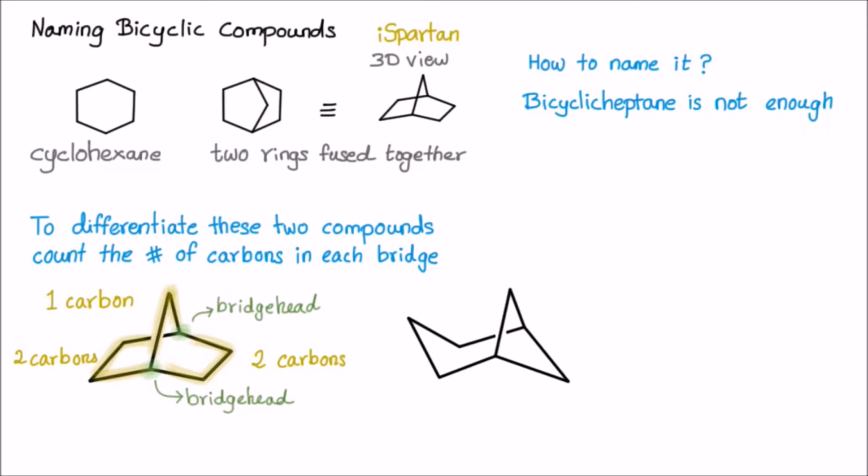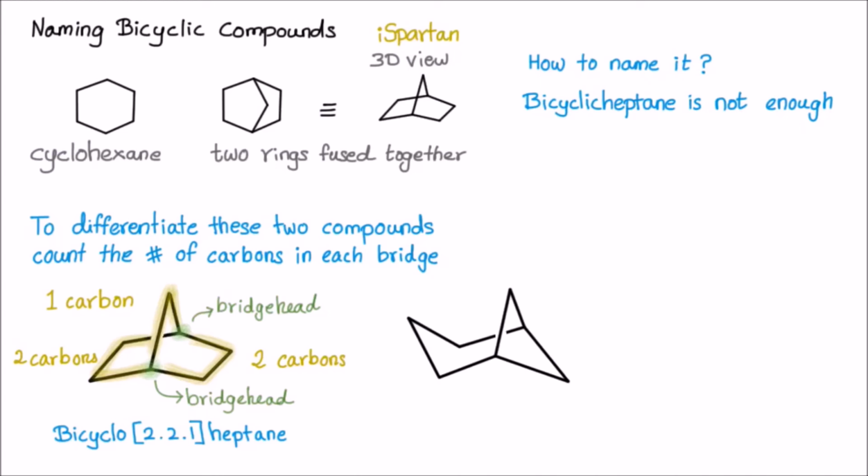So the name should be bicyclo and 2.2.1, that's the number of carbon atoms in each bridge. And then the total number of carbons is 7, so it's heptane. So bicyclo square bracket 2.2.1 heptane.